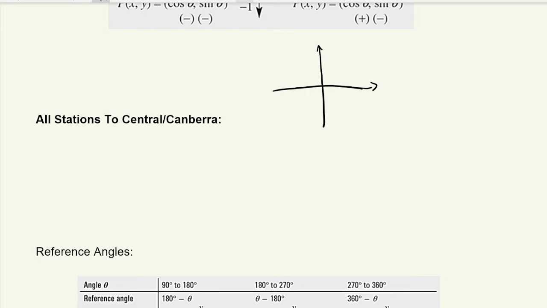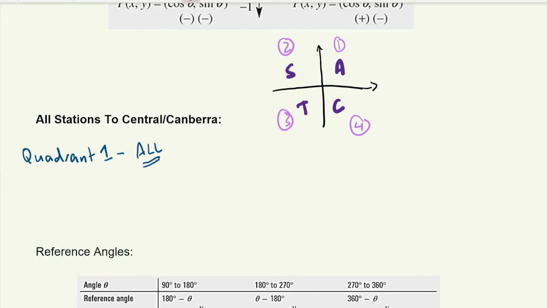Our quadrants are 1, 2, 3, 4, and I am just going to use A, S, T, and C. What that actually means is, in quadrant 1, all ratios are positive, or all of our sine, cosine, tan are all positive.